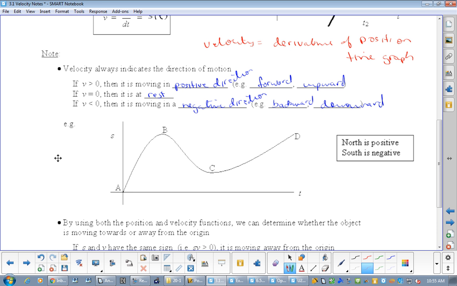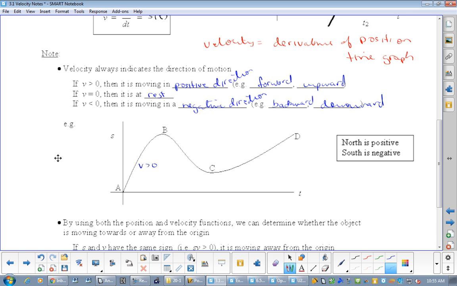Now, what kind of things can we say? Well, first of all, velocity here is greater than 0. Does that have anything to do with how fast I'm going? What has to do with how fast I'm going? The steepness, would it not be?